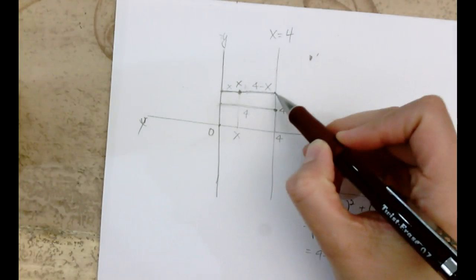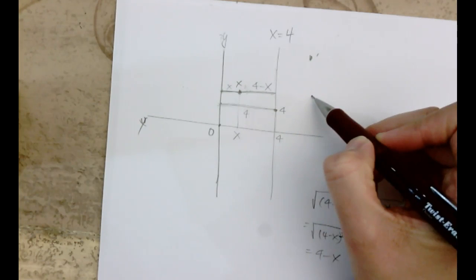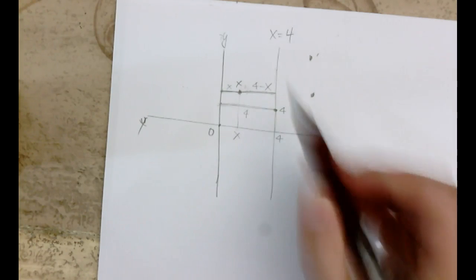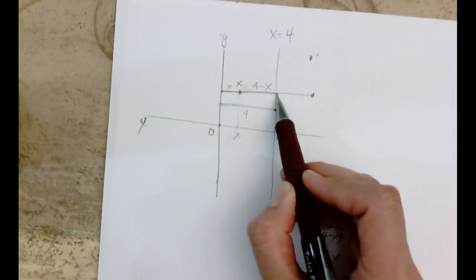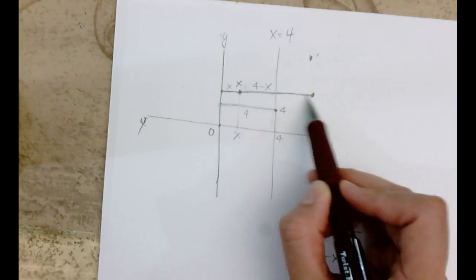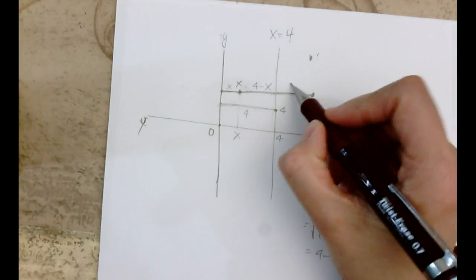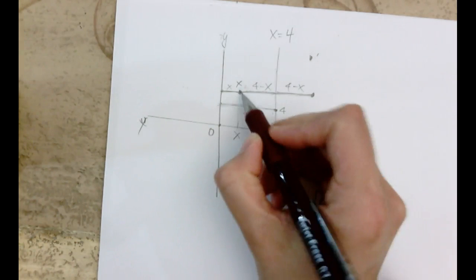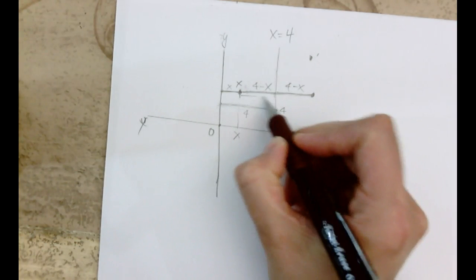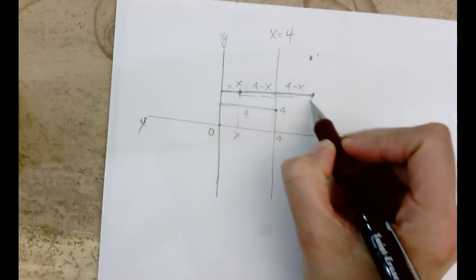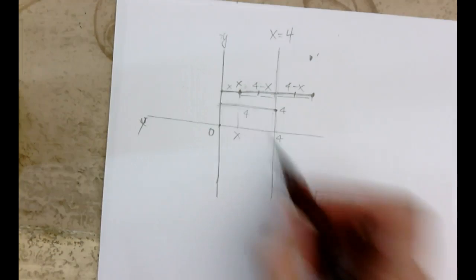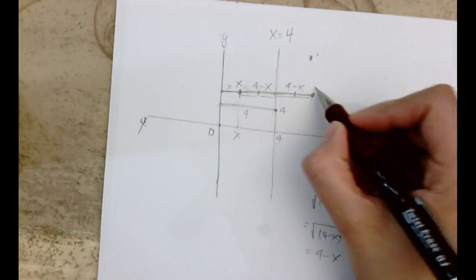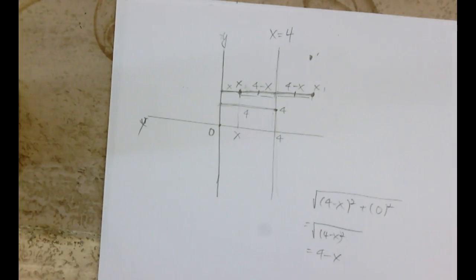So if you reflect this point over x equals 4, it's going to go over here. It has to be the same distance from the reflection line on the other side. So this distance right here should also be 4 minus x, because the two distances have to be equal for this to be a reflection line. This is x1, and that's the reflected point x2.